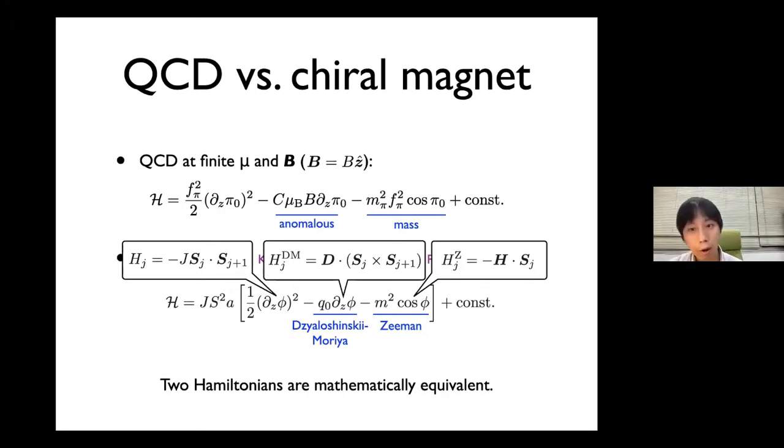But the ground state of a chiral magnet is already known as the chiral lattice. Therefore, we can conclude that the ground state of QCD is also a chiral lattice under certain conditions, as I will explain from now on.